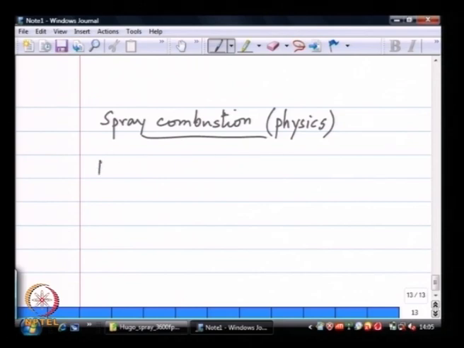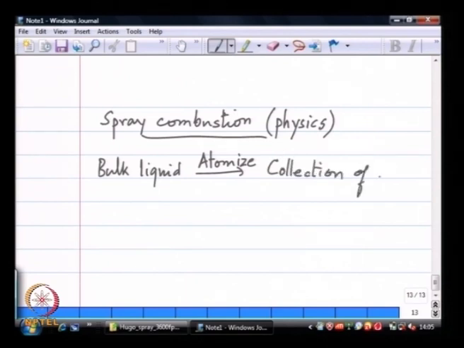So, the first part is where I take the bulk liquid, I atomize, this is the first time I am using this word, and produce a collection of drops. You will see this word atomize used in the context of sprays. Very often nozzles are called atomizers.